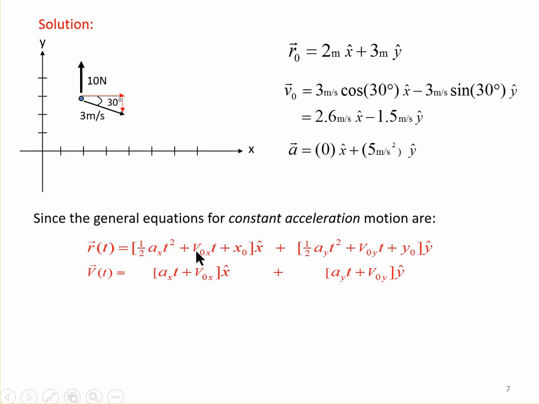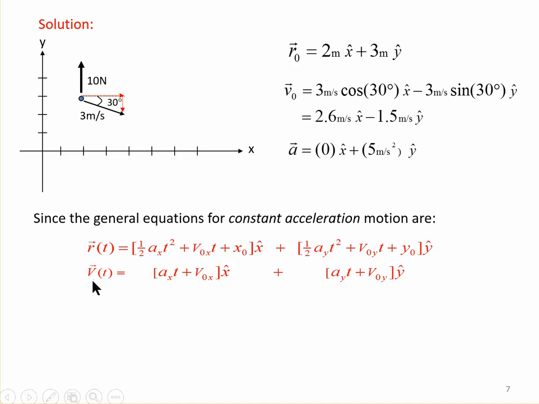Now, we've just seen that the general equations for constant acceleration can be written as follows. The position as a function of time is given by this in the x-hat direction and by this in the y-hat direction.